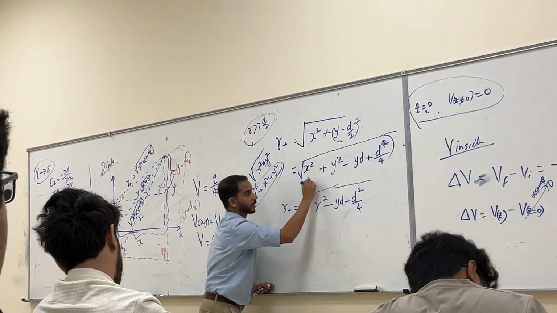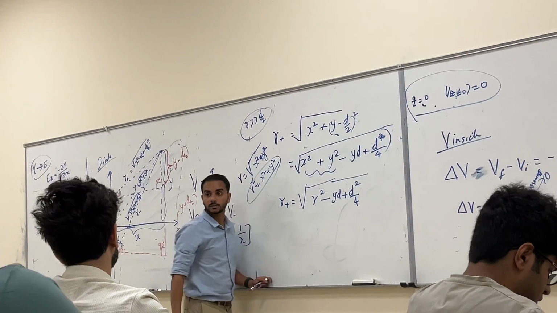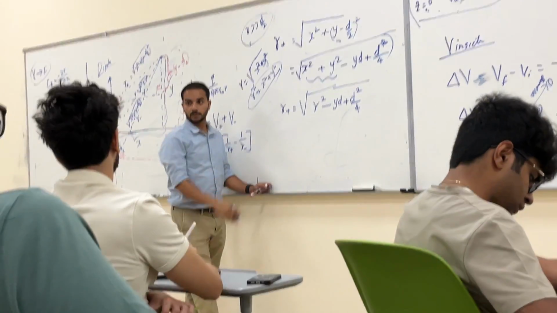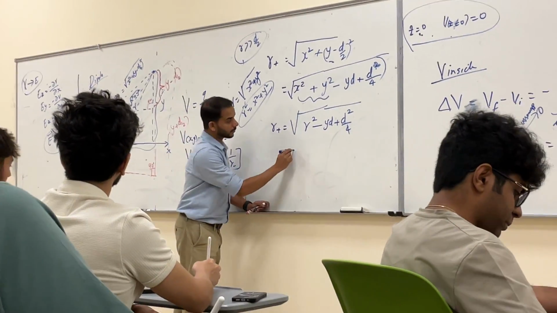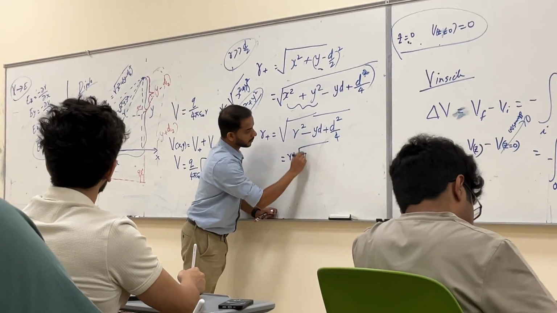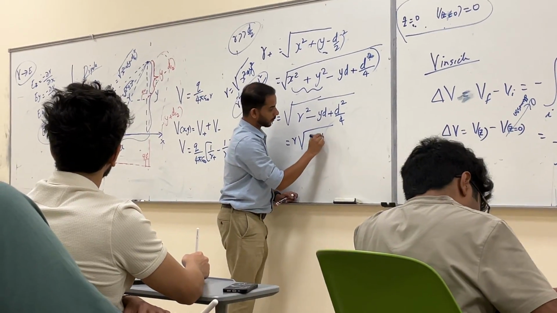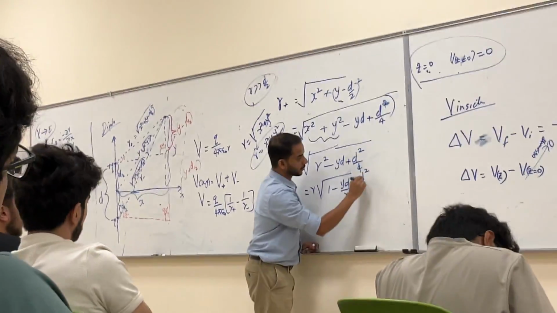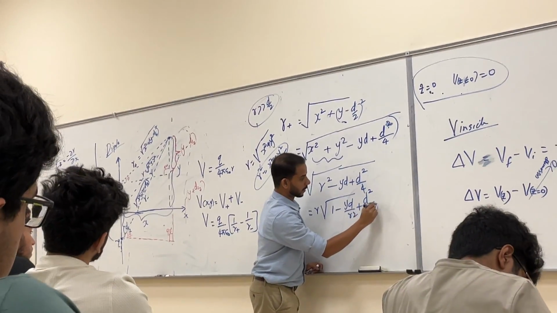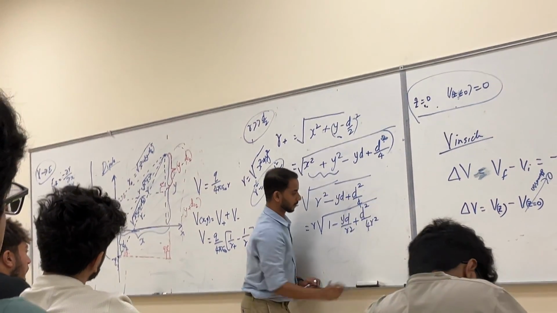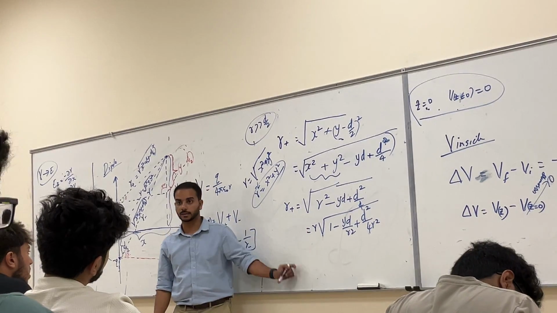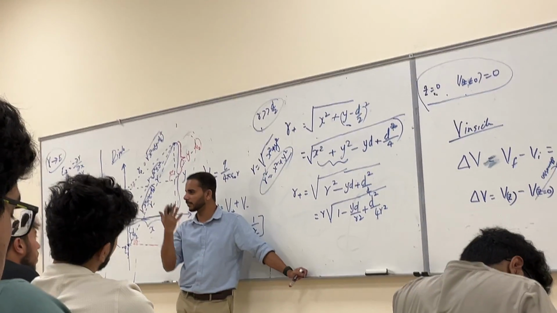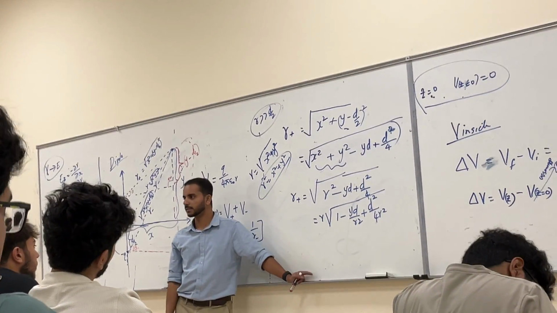So I just take this whole part, also the big, original R. So now I take the R outside, right? And y d over r squared plus d squared over 4 r squared, if I take r outside. You can do it in many other methods, but this is the easiest way.